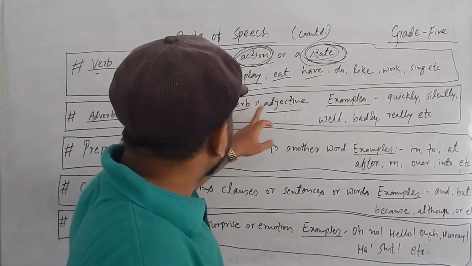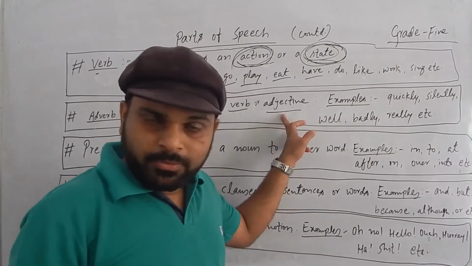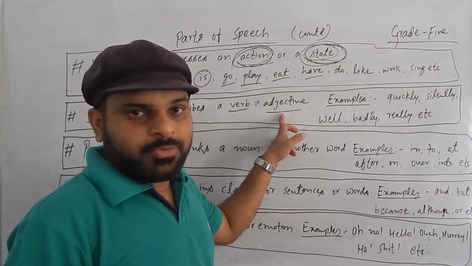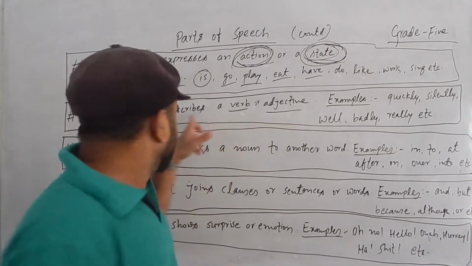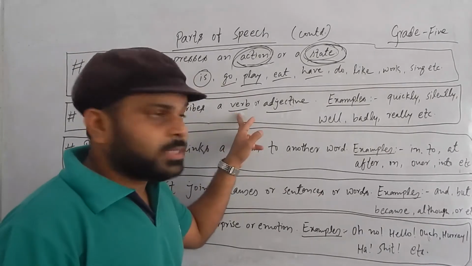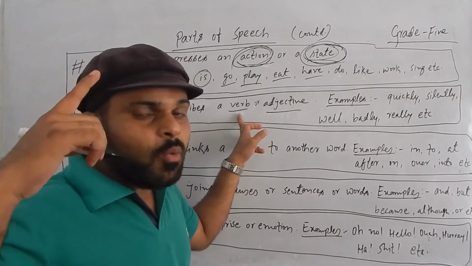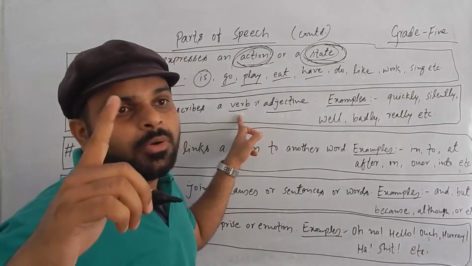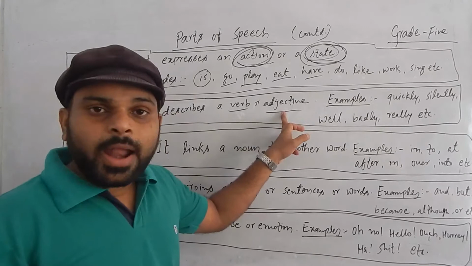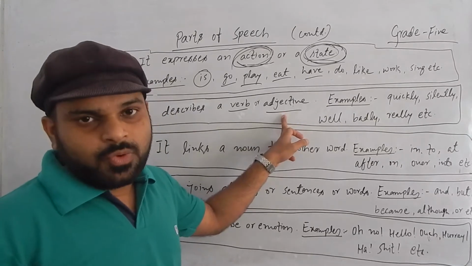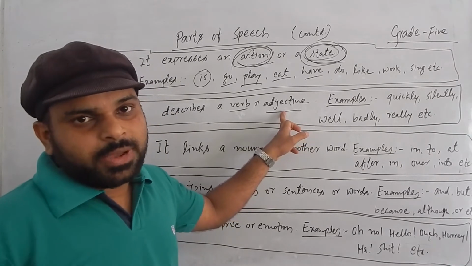You have read about adjective in your previous class and you have just read about verb. So to understand adverb, it is necessary to recall what is a verb, what words describe a verb, and adjective.